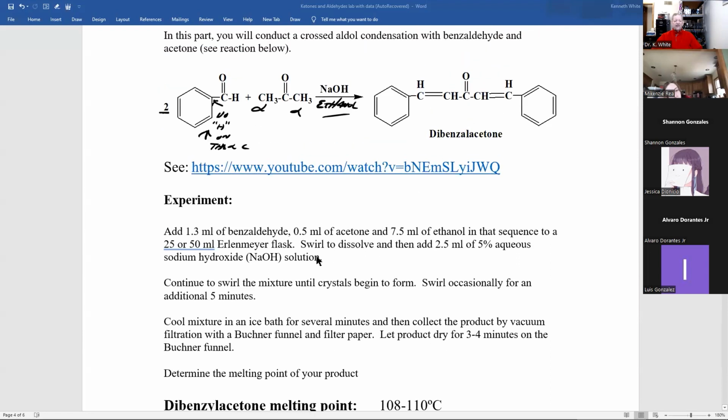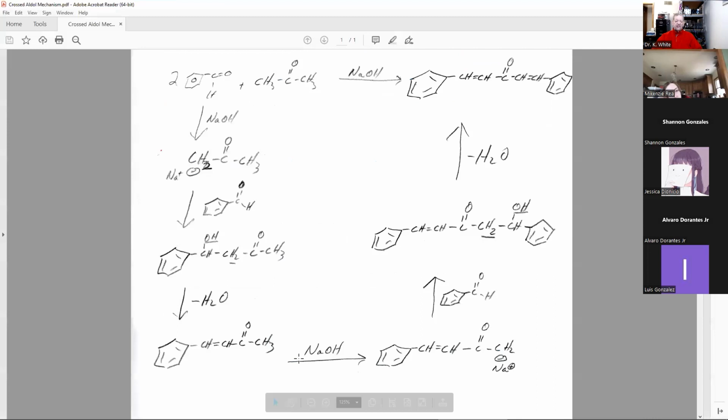Now, let's take a look at how we go from this very interesting common name, dibenzyl acetone. And this is what you're seeing on the screen. Pay attention.